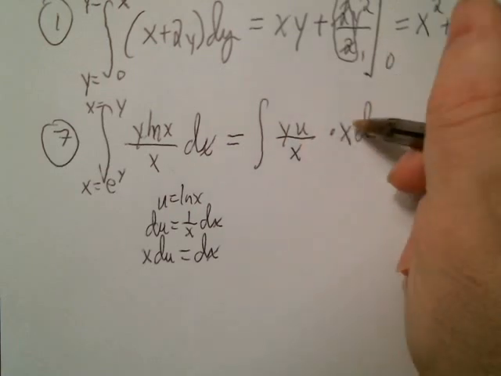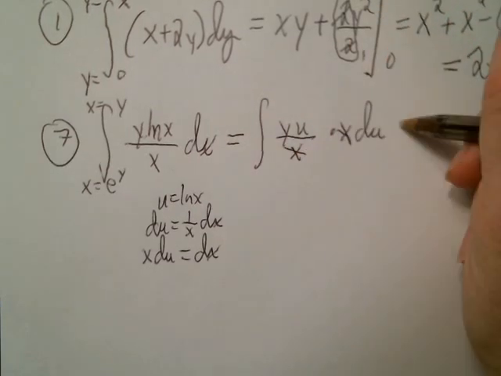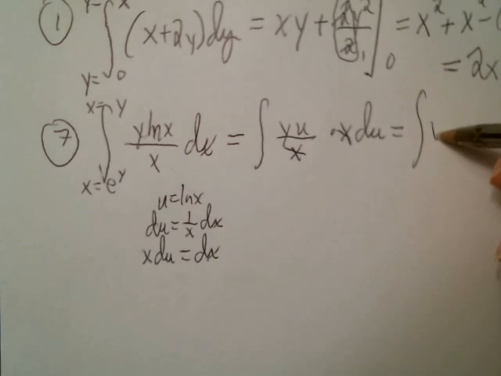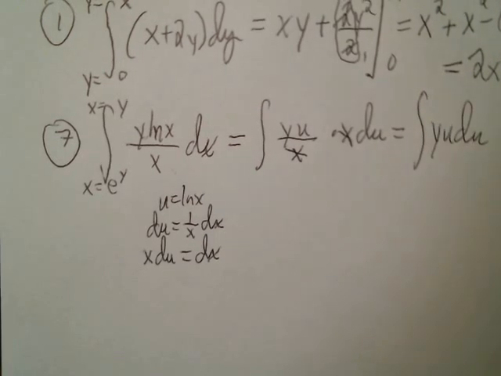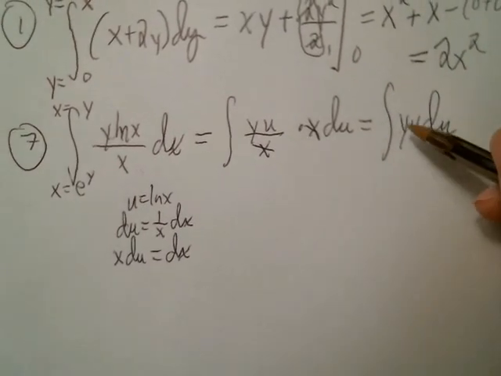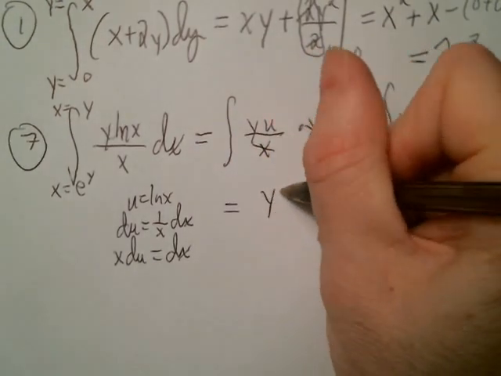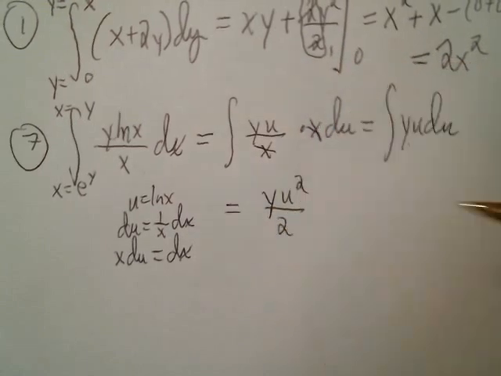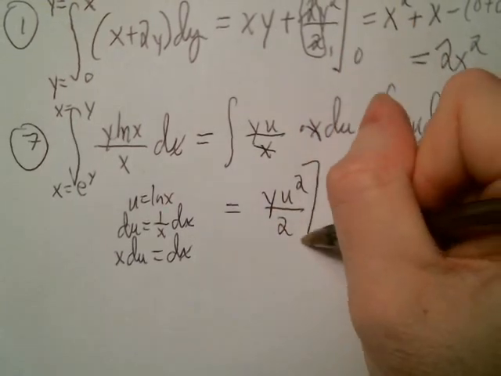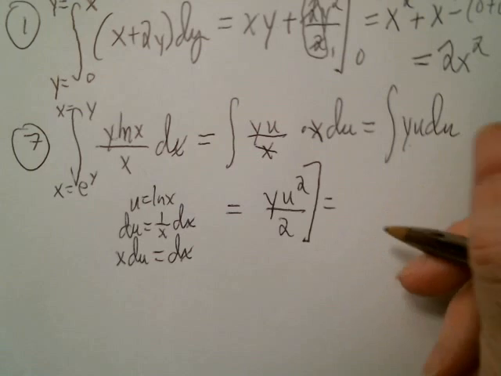Okay. The x's will divide out, and you're left with the integral of y times u du. Okay, and you're just considering the y as a constant. You're integrating u, so it'll be y times u squared all over 2. And I need to evaluate that eventually, but I'm going to back sub first, right?